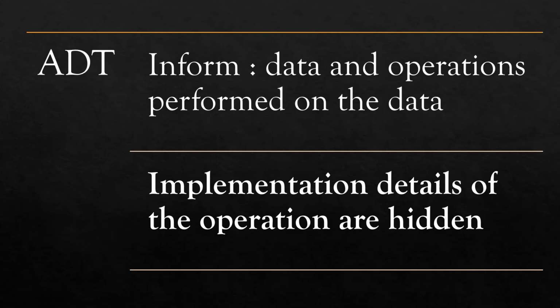For example, I know that append takes one element as input, so the data are the elements, and the operations that are allowed are append and pop. Append is similar to insertion, pop is similar to deletion, but internally, how it performs the insertion and how it performs the deletion are totally hidden from the user. This concept is called an abstract data type.